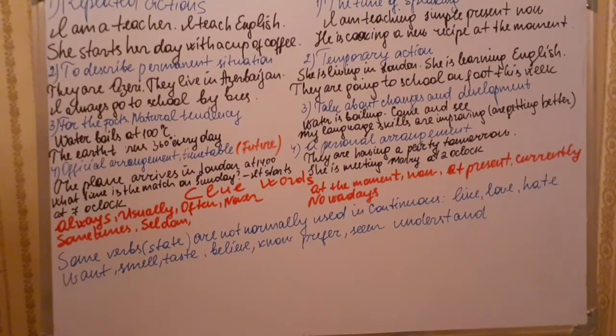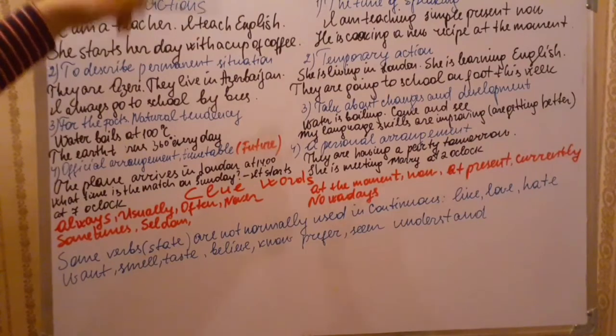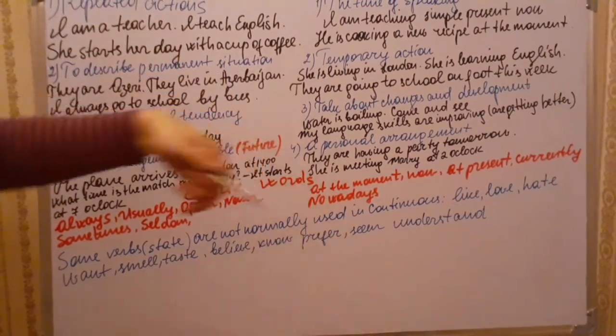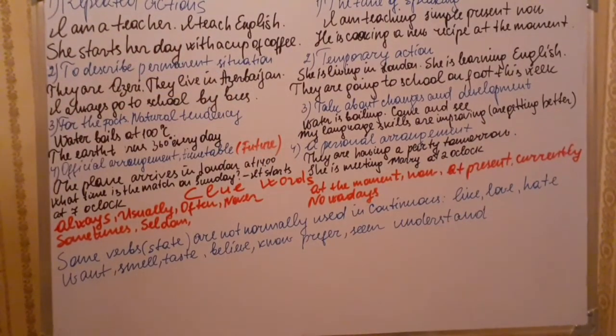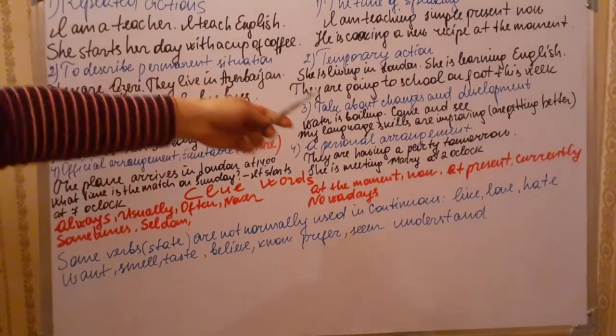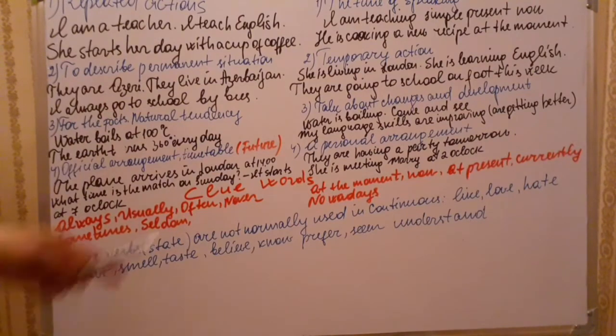And let's have a look at the usage of the present progressive tense form. We use this tense form in order to talk about changes or development. Water is boiling. It means that water is boiling now. Come and see. So my language skills are getting better and better every passing day, or nowadays.